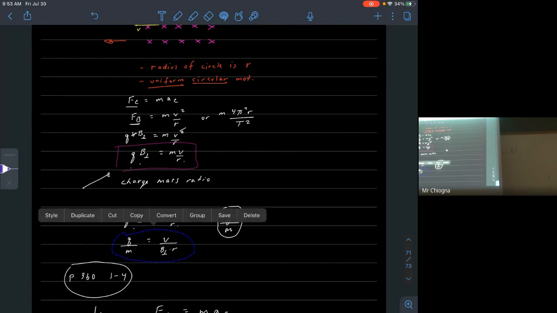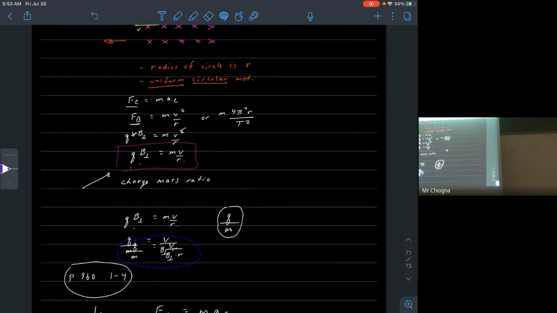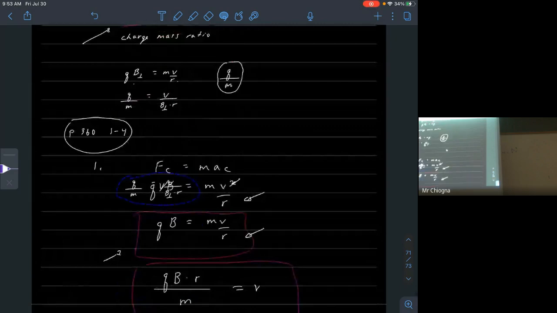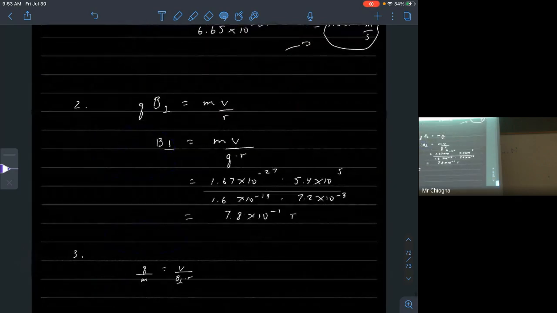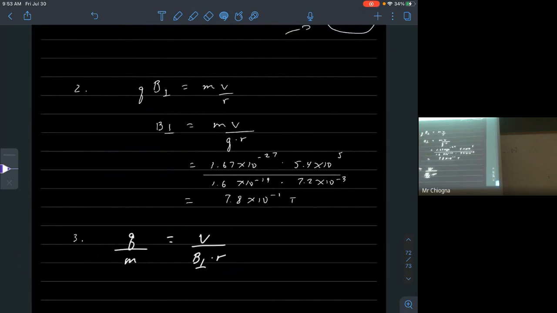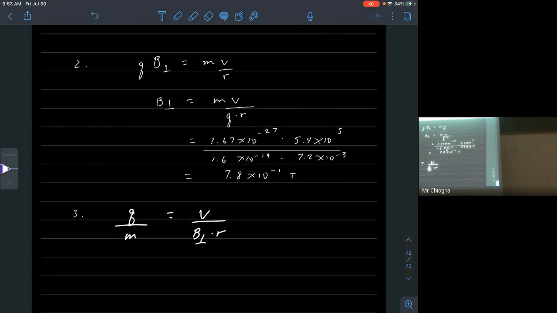That's the equation for charge to mass ratio. You got the speed. They give you the speed. They give you the field. And they give you the radius.